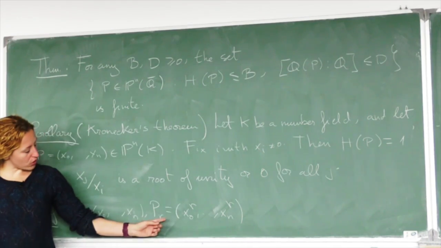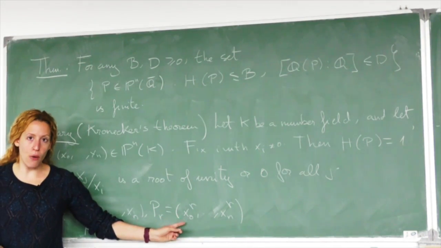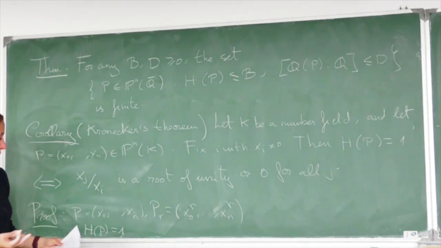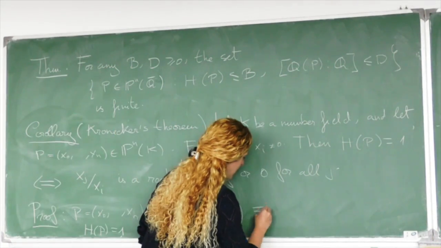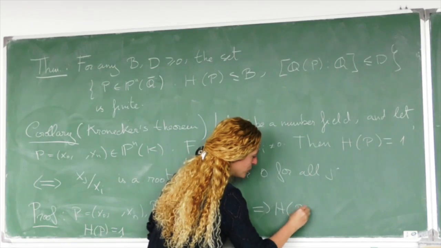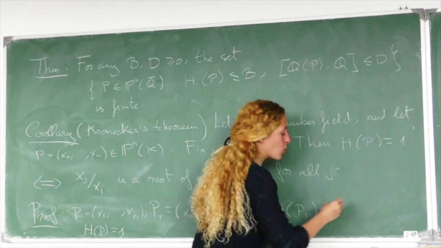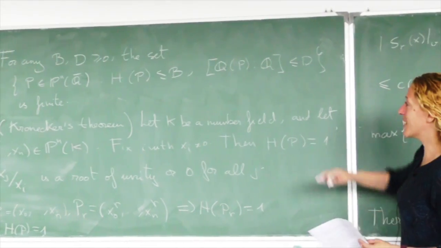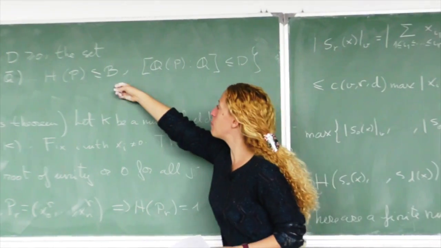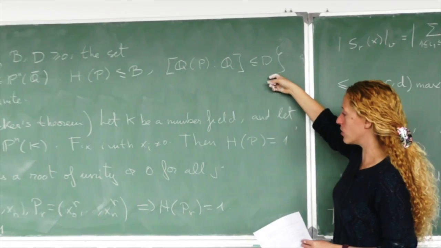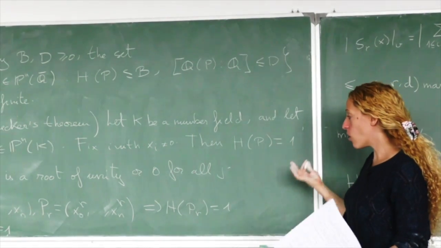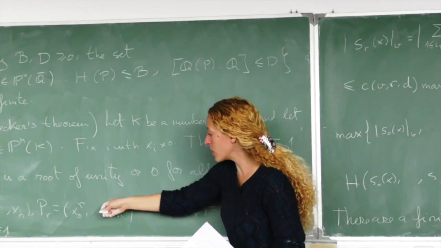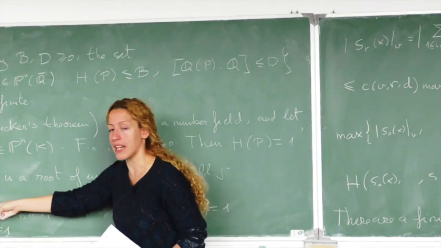It's the point for which I took for each coordinate the power r of each coordinate of P. Because the height is multiplicative, the height of this point is also equal to 1, right? But now we proved that if I take b equal to 1 and I control the degree, there is only a finite number, and the coordinates of these points are in the same field that I have here.